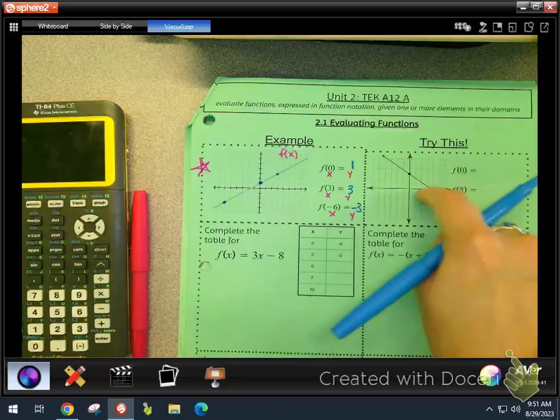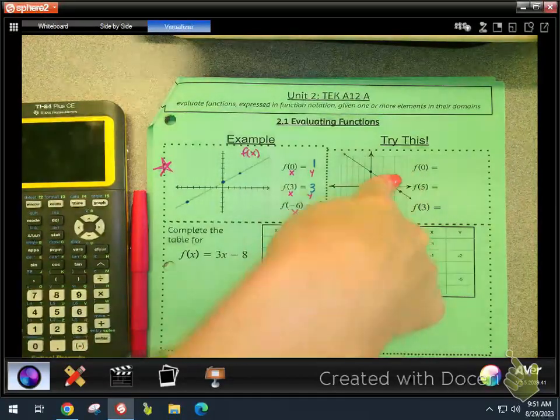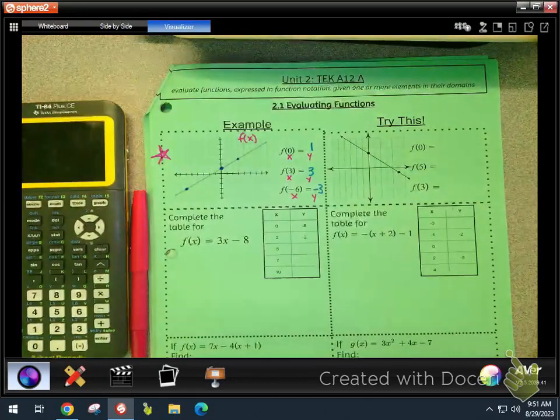Okay, try this one. We're almost done. I've seen questions like this on Delta Math because some of y'all were kind of looking ahead. And they gave you some graphs that were not straight lines, but it doesn't matter.